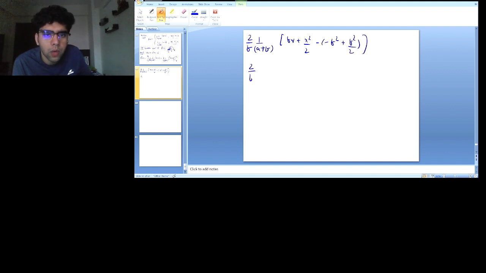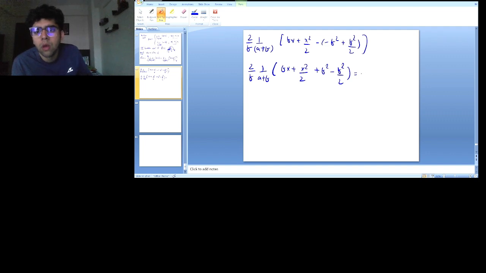So this whole expression becomes bx plus x square by 2 plus b square minus b square by 2, which gives me my CDF F(x).